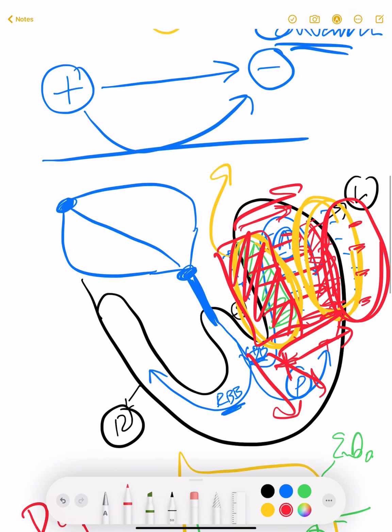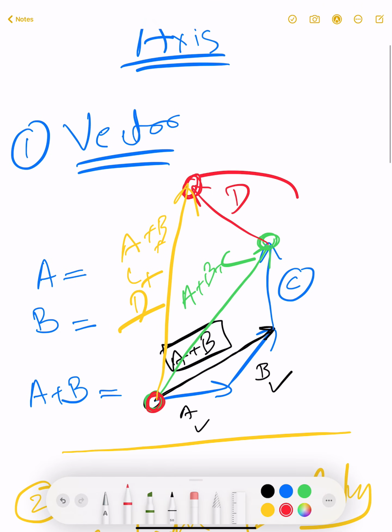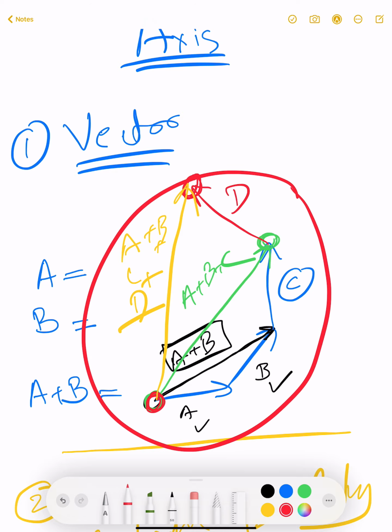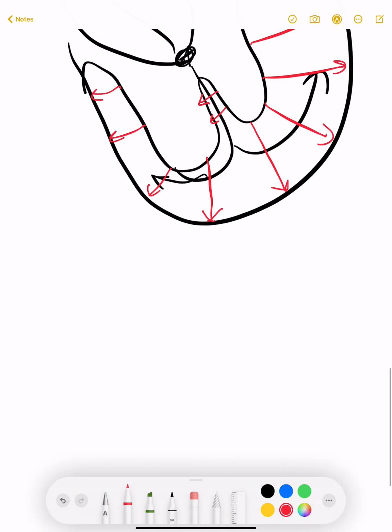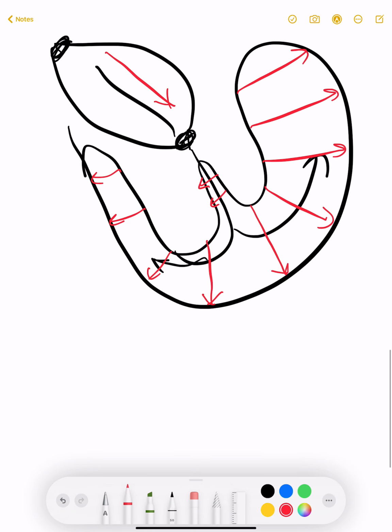As I told you about the method to add vectors, let's add all of these vectors and see what happens. These are the different modes of currents flowing inside our heart from positive to negative at different places.